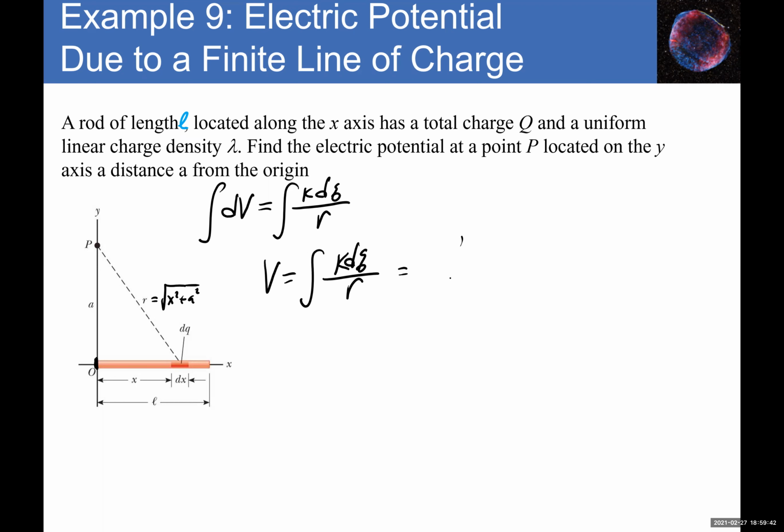So I can replace it with that. k can come out, that's the one constant that can always come out. Then I have dq over the square root of x squared plus a squared.